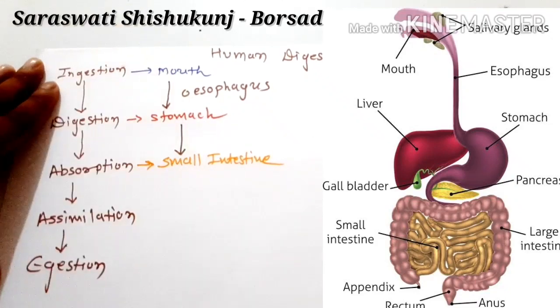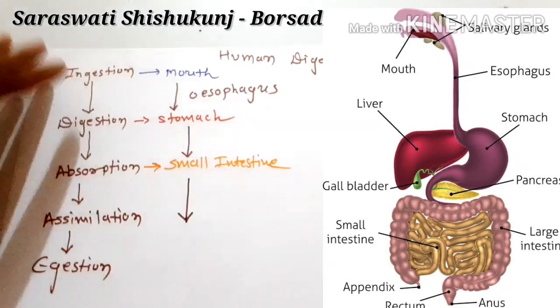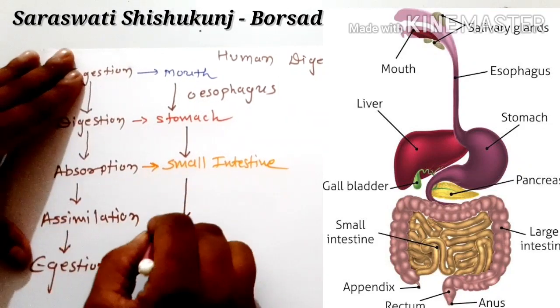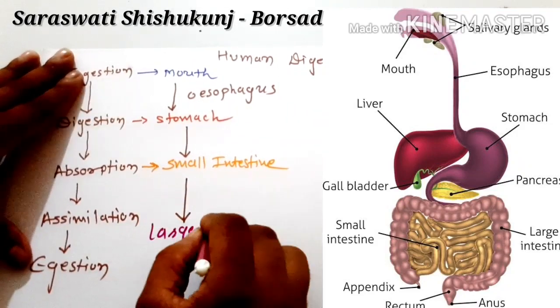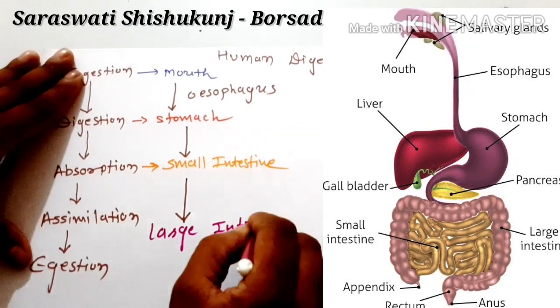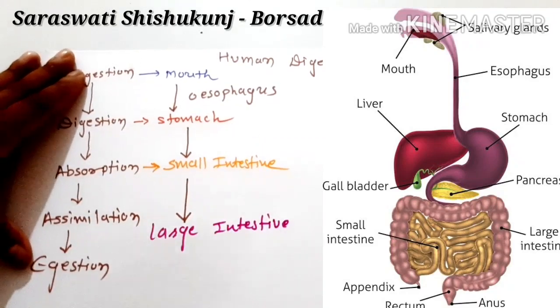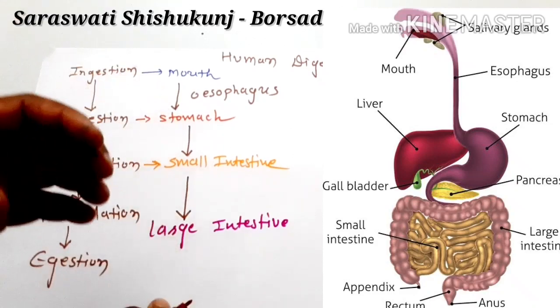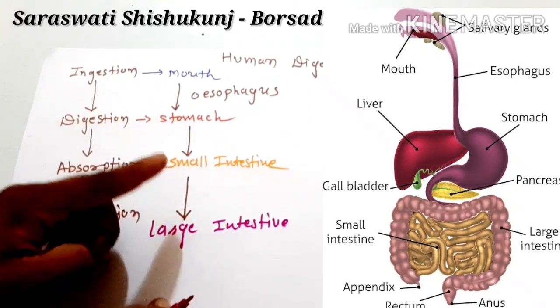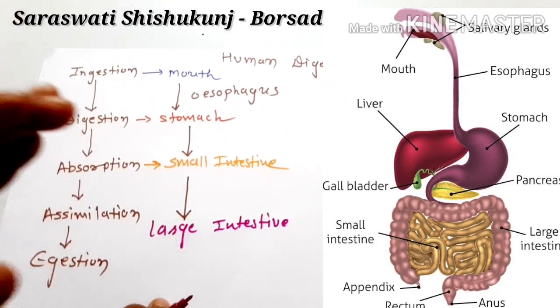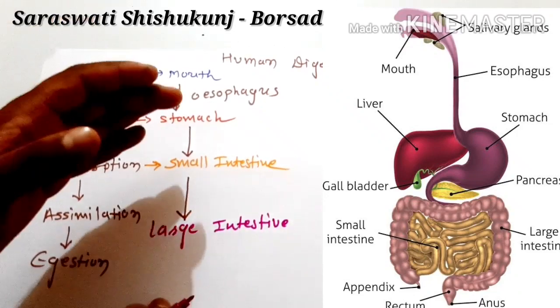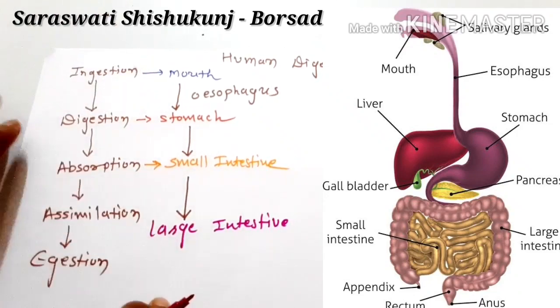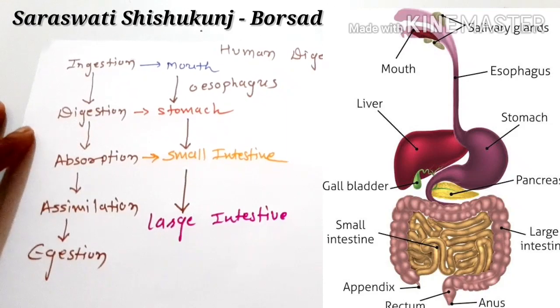And after the small intestine the food particles will go to the large intestine. Here reabsorption will be done, meaning after absorption in the small intestine, if any nutrients are present, they are going to be reabsorbed in the large intestine.